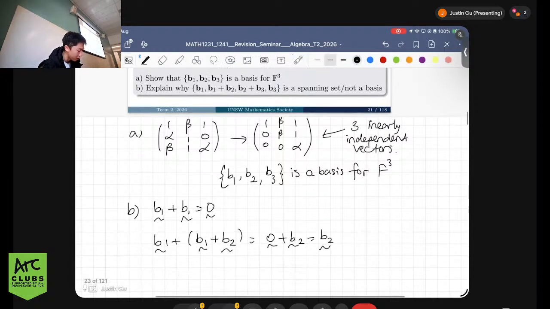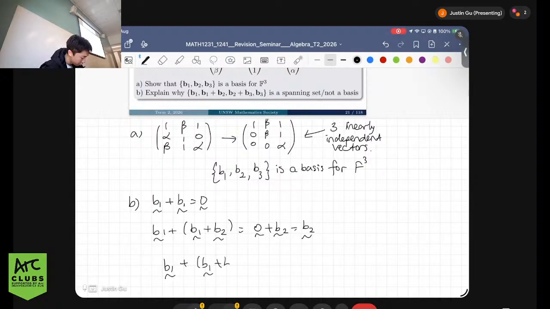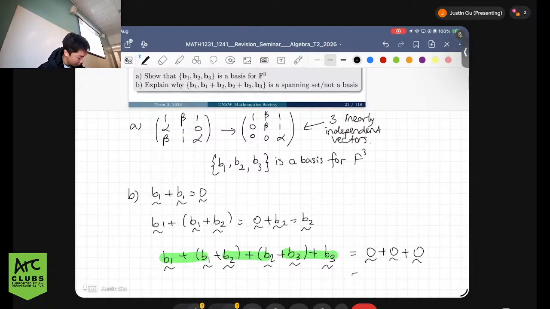Additionally, if you just add it up, B1 plus B1 plus B2 plus B2 plus B3 plus B3, there are two of each, and whenever you have two of each in this field, you get 0. So everything's just 0. And clearly the coefficients for each are not 0, they're 1. So therefore, it's not a basis. Any questions?